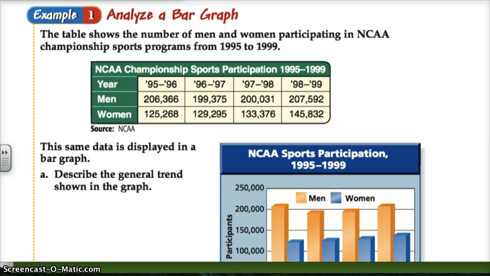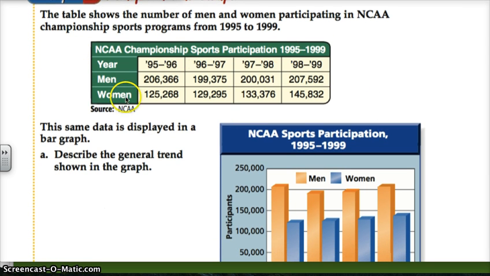So we're going to analyze a bar graph. The table shows the number of men and women participating in NCAA championship sports programs back in the day, in 1995 to 1999. And so we have a chart that shows this information. So here are the different categories, and then we have the different amounts.